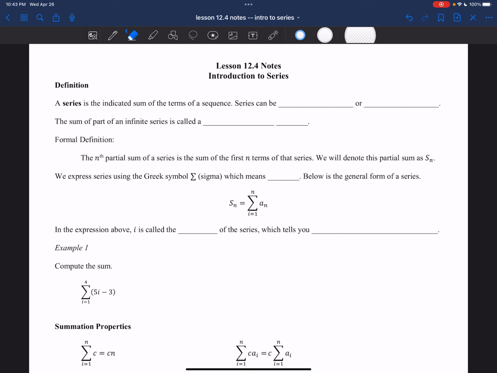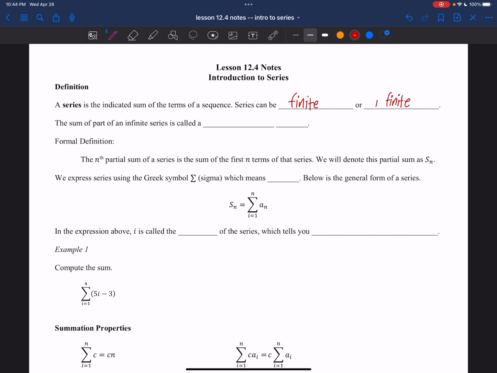And so depending on how many terms you're adding, a series can either be finite or it can be infinite. Maybe that's the first time you've heard the word finite. Infinite means not finite.